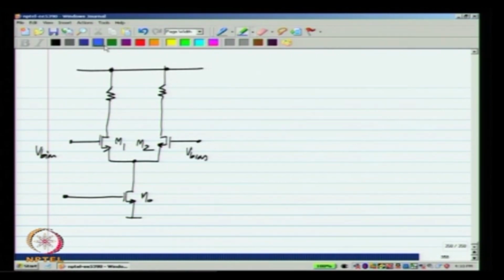And to the bias I could have a differential input, that is plus Vd by 2 and minus Vd by 2, or a common mode input, plus VCM and plus VCM. Let me say the load resistors are R.